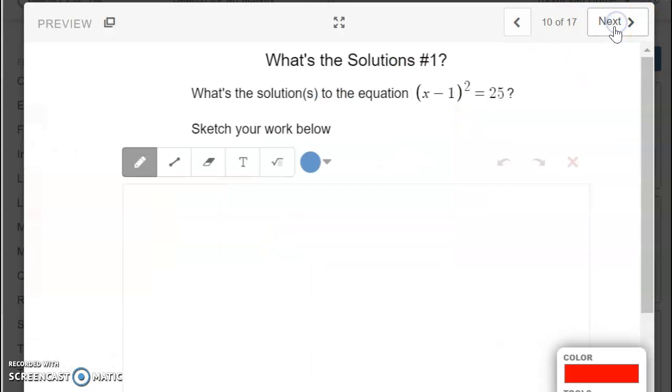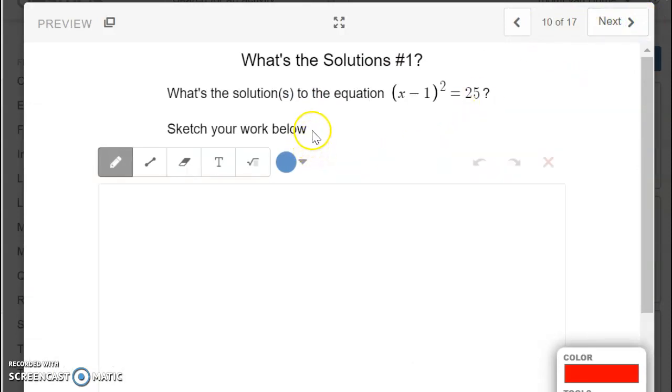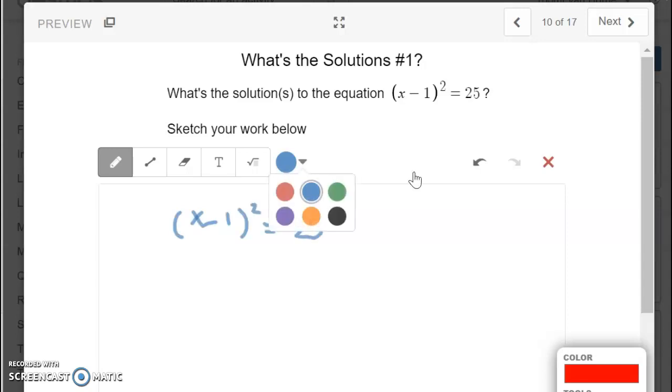Great. Alright, so what is the solution to the equation x minus 1 all squared is equal to 25? Sketch your work below. So let's do that. x minus 1 all squared is equal to 25. So that means I need to take the square root of both sides.